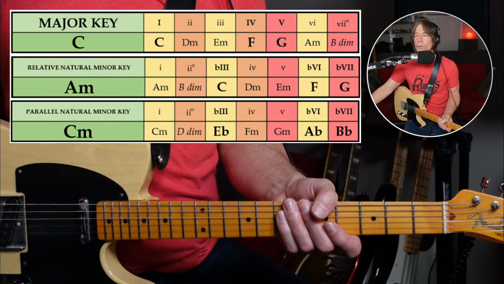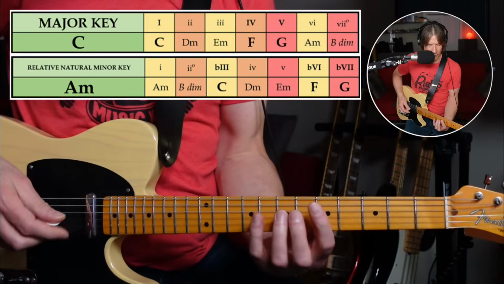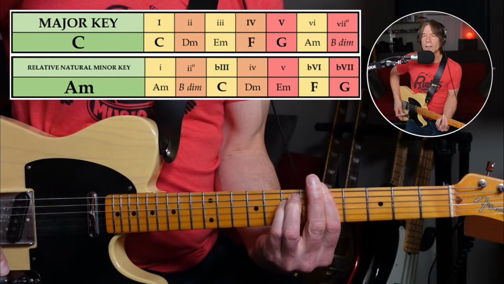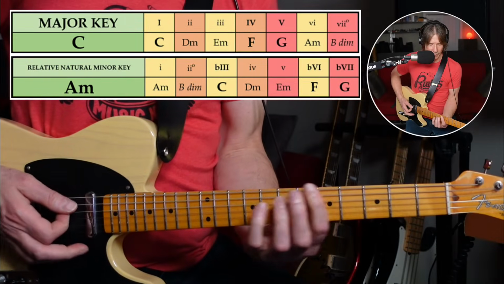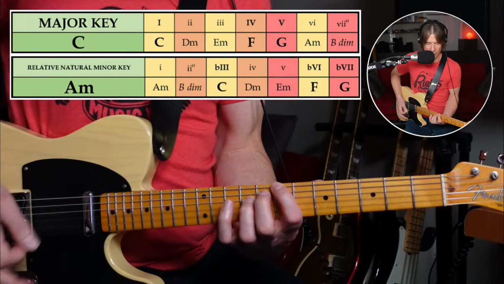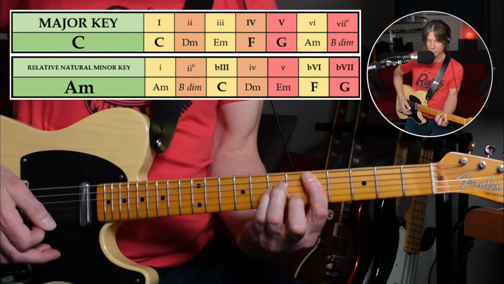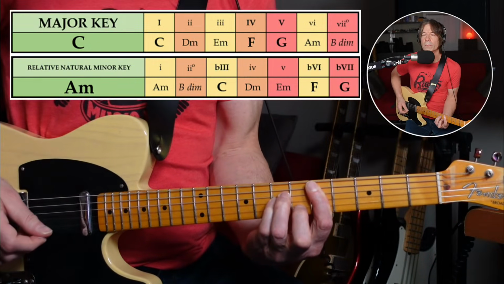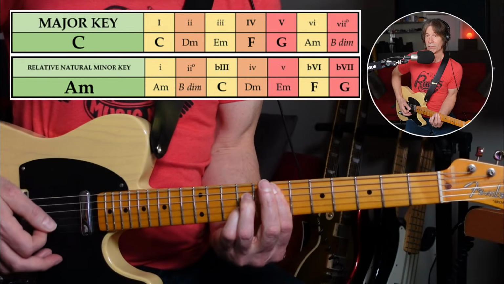So you know what? Real quick, let's do that with A minor. On A minor, you have the A minor chord, you have the B diminished chord, then you have the C major, you have the D minor, you have an E minor, or E7 if you want.